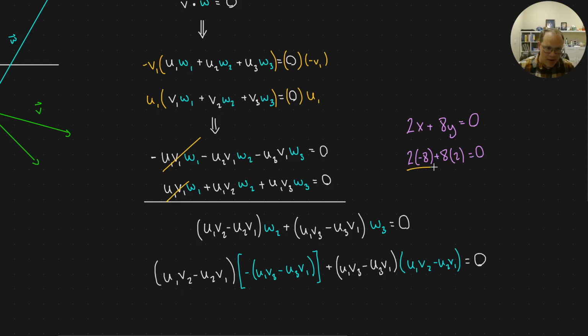Do you see how I end up with the same number, just opposite signs? So I just pick this to be that, and that to be that, and I just make one of them a different sign. That's what I'm doing here. I'm choosing this to be this, and this to be this, and that way I know they'll have the same magnitude, and then I just throw in a negative somewhere.